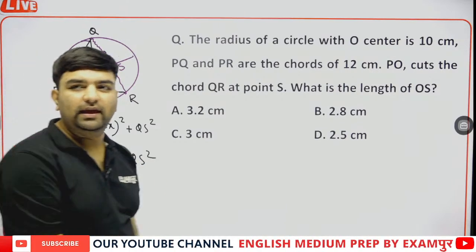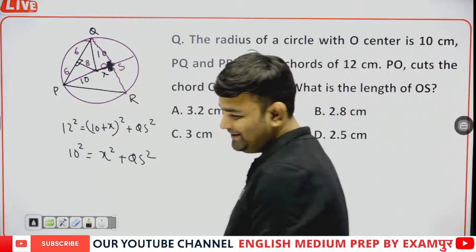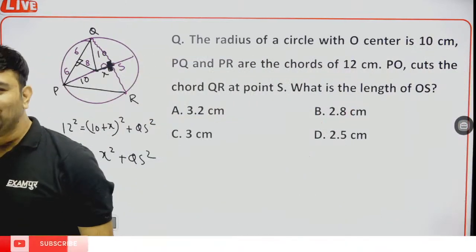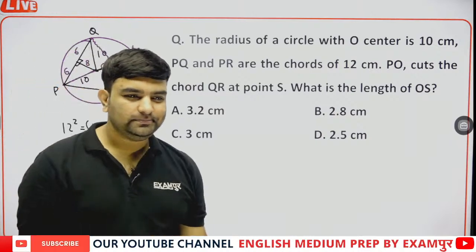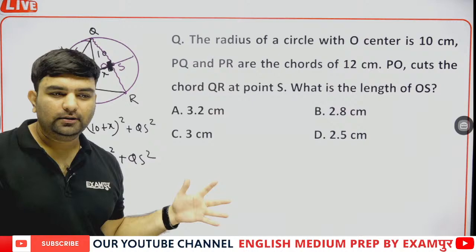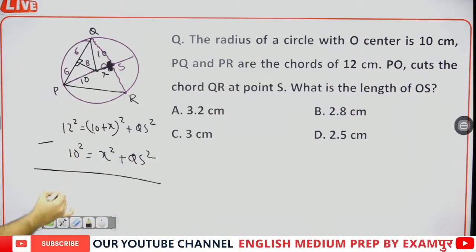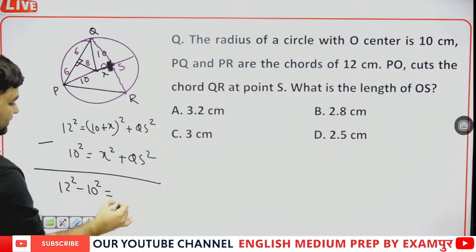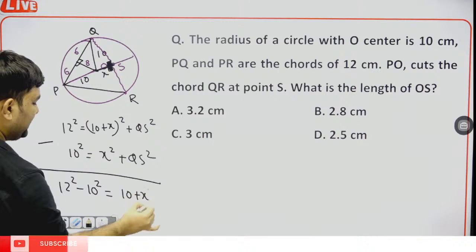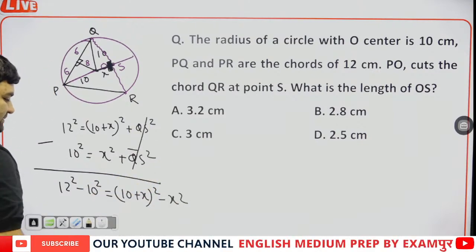What do you say? Is the question over or not? Because we want to find out X, eliminate QS. Subtract: 12 square minus 10 square is equal to (10 plus X) square minus X square, and QS will get cancelled out.